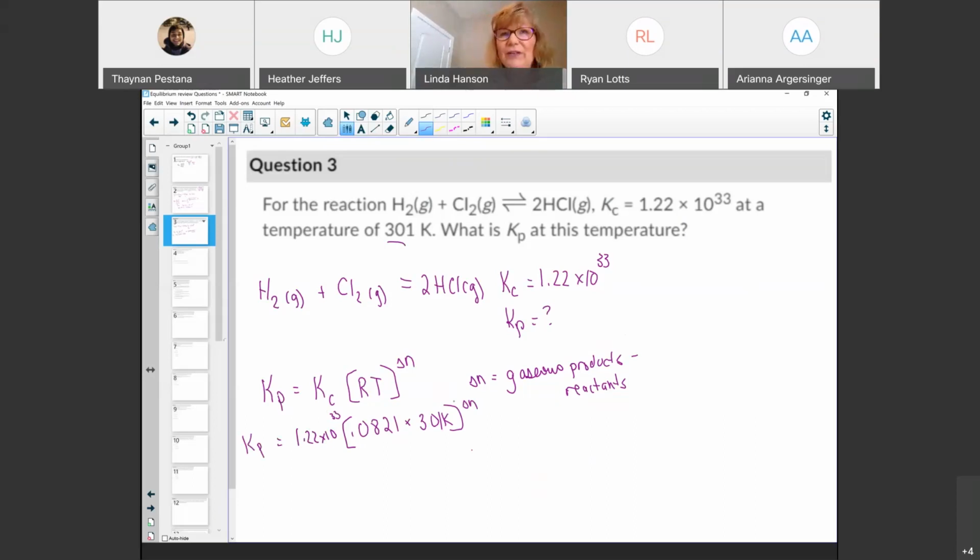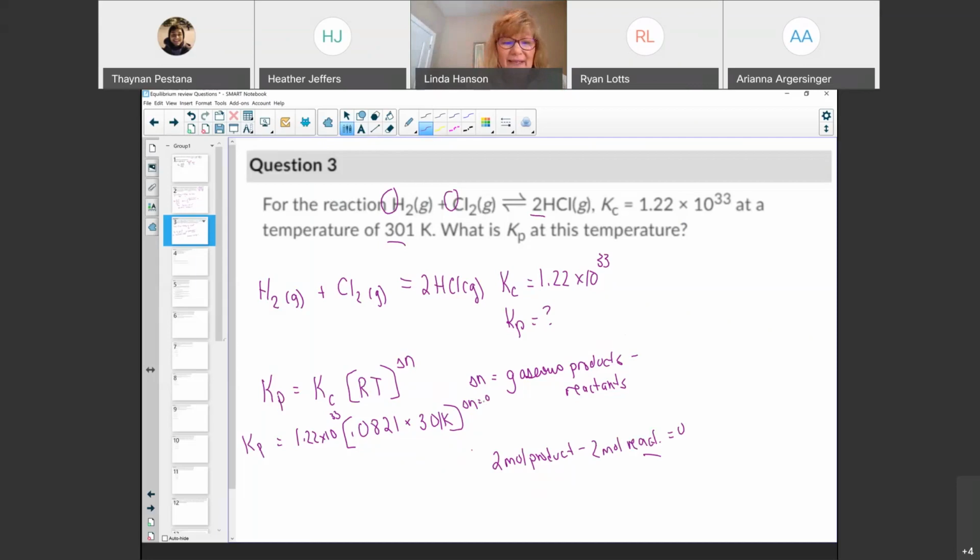Well, what made this question unique or upsetting, I suppose, is that delta N, the change in gaseous moles of product minus gaseous moles of reactant, which we could see there's 1 mole of hydrogen plus 1 mole of chlorine, is also 2. We take 2 minus 2, we get a 0. So what that means is that there's exactly the same number of gaseous moles of products as compared to the gaseous moles of reactants. So this delta N is 0.